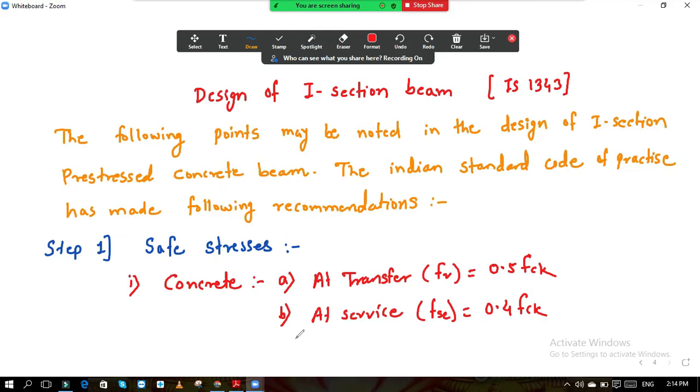Okay. Then next is the permissible tensile stress.